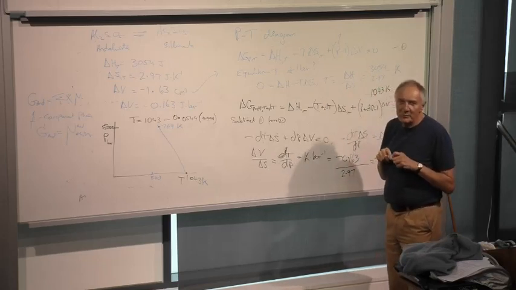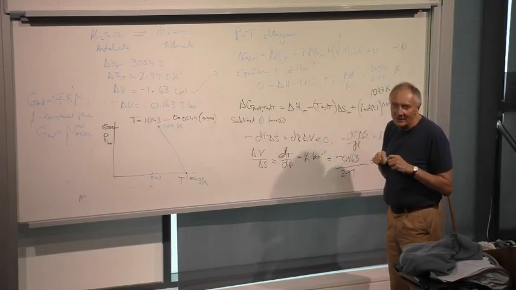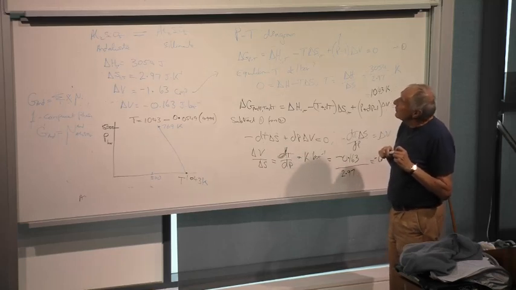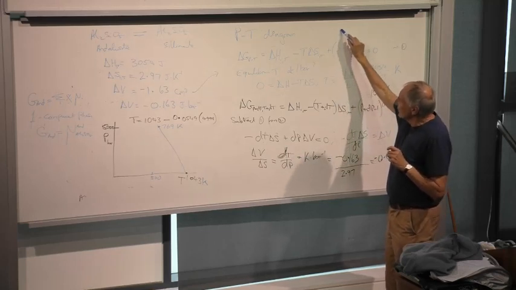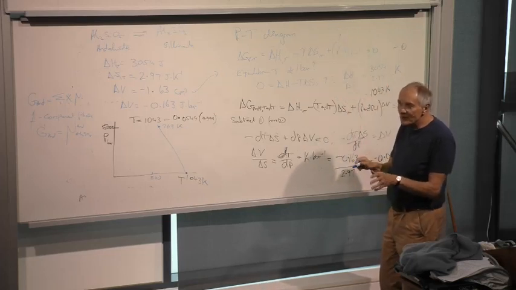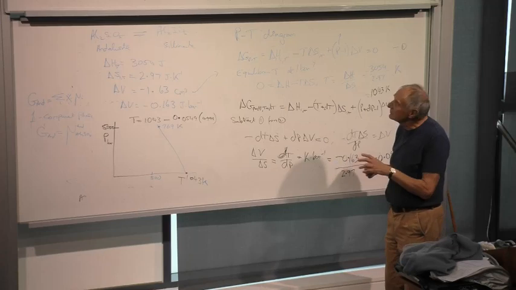So do we favour products or reactants? Lowers the volume of the product. Yes. So what's happening is, as we raise the pressure, the free energy is getting more and more negative, which means we're stabilizing the products.